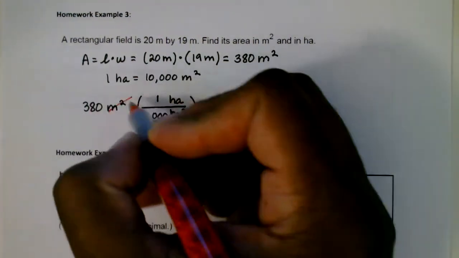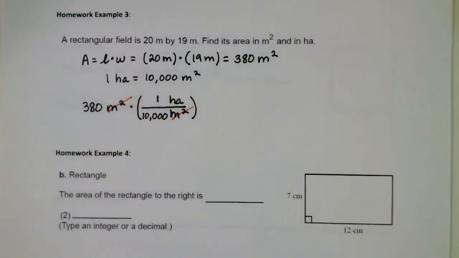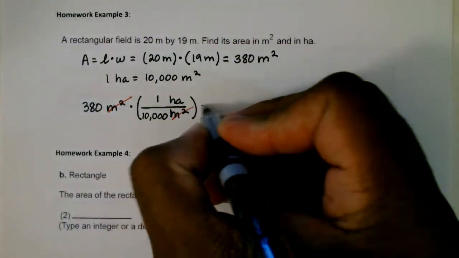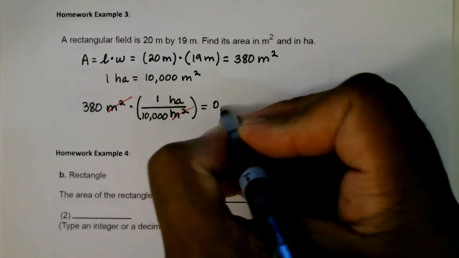Here, the square meters divides out. Then you're going to have 380 divided by 10,000, and that will be 0.038.